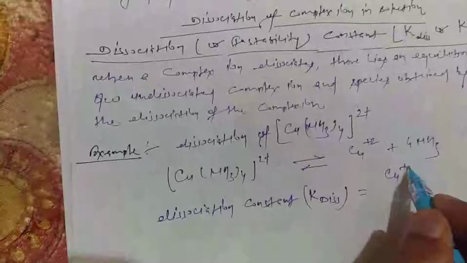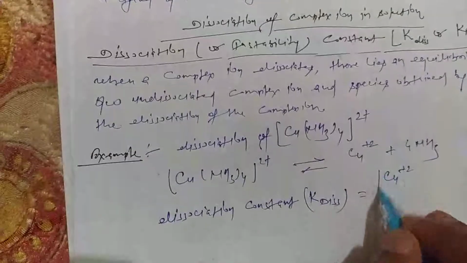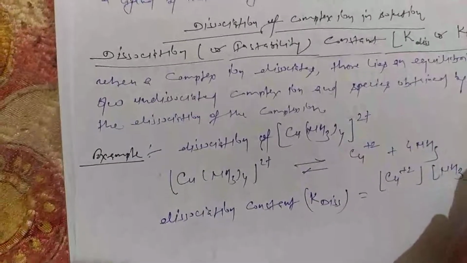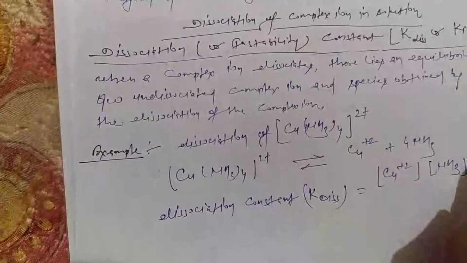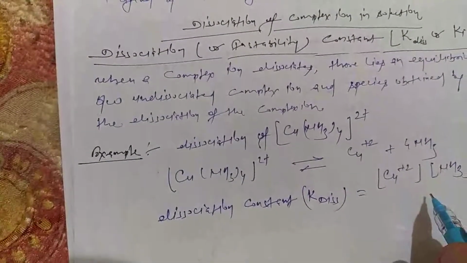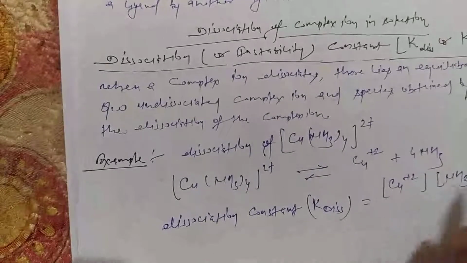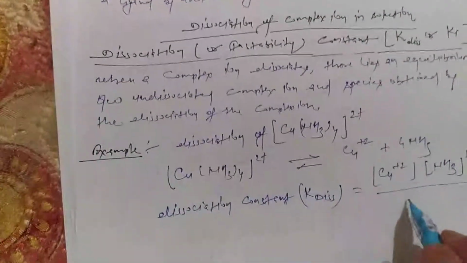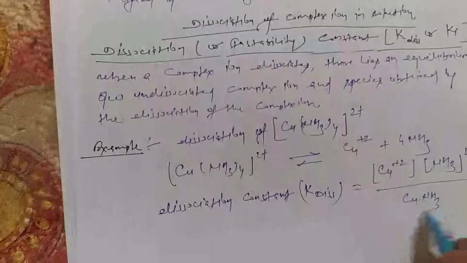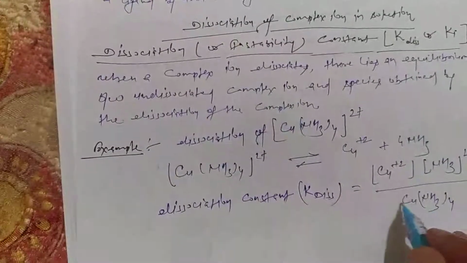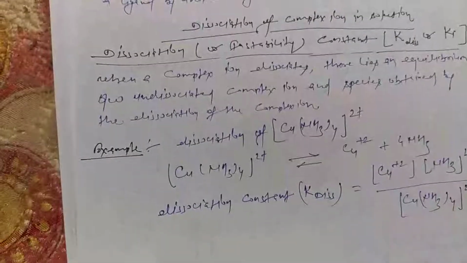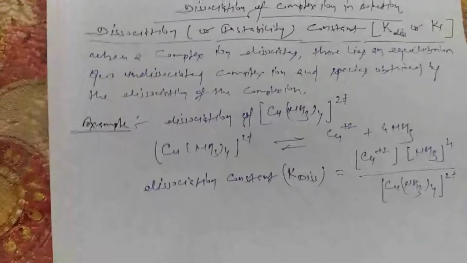The product side is Cu2+ and ammonia to the power 4, and the reactant side is Cu(NH3)4 2+.